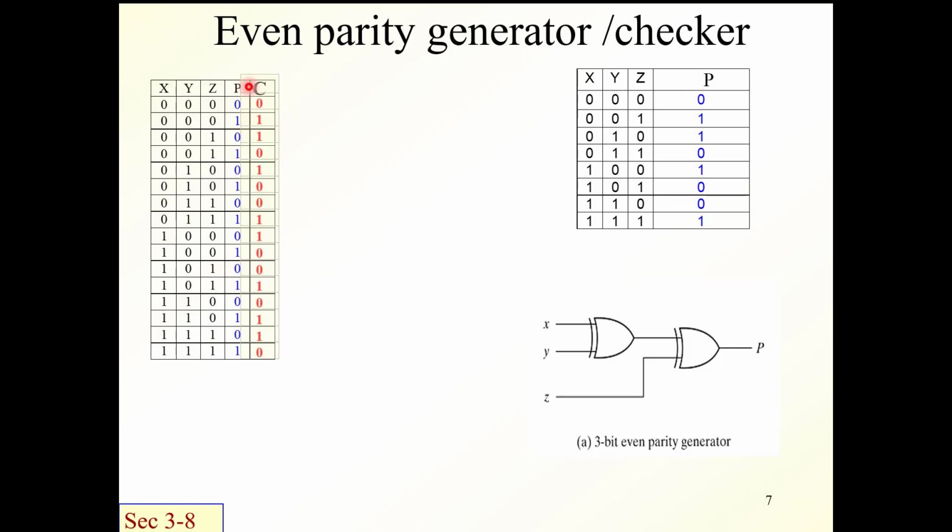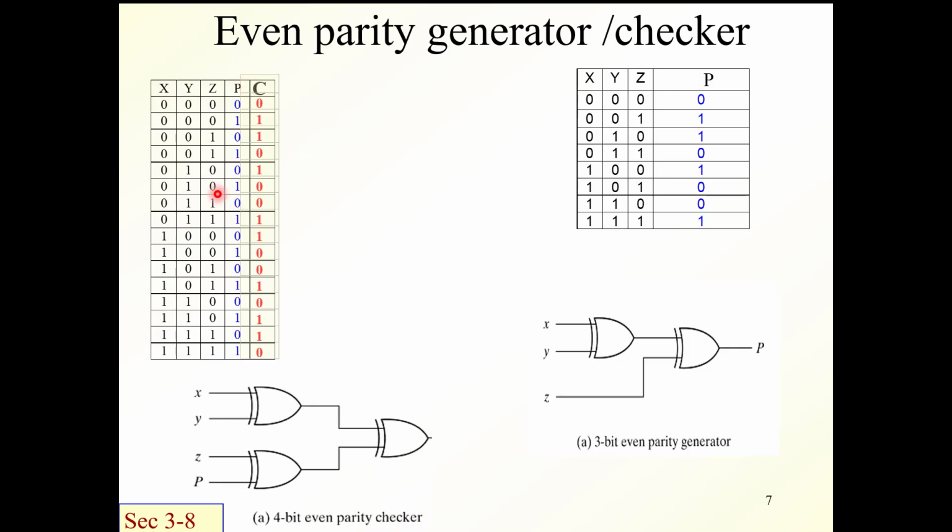Now, the circuit that represents this truth table actually is an exclusive OR that has the 4 inputs here, X, Y, Z, and P, and this is the check bit here at the output. So this is a parity generator, and this is a parity checker.